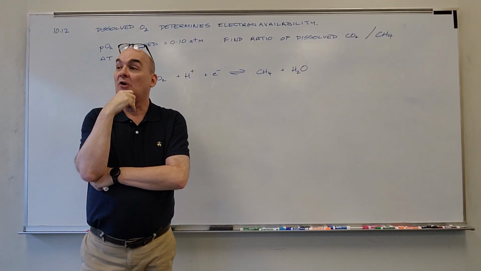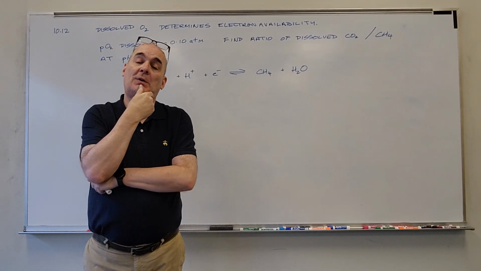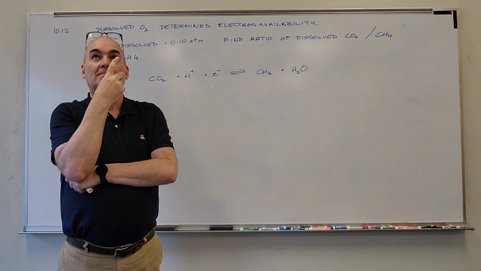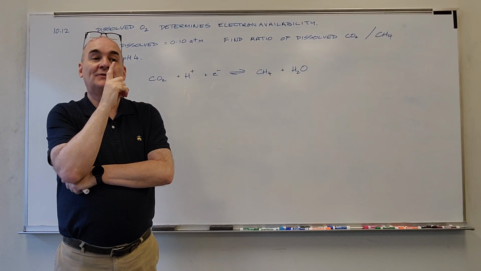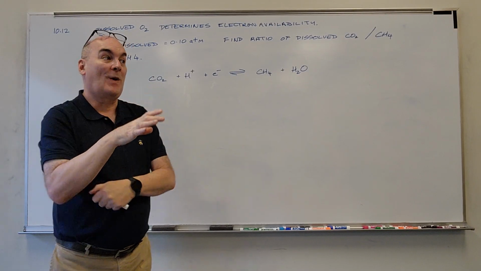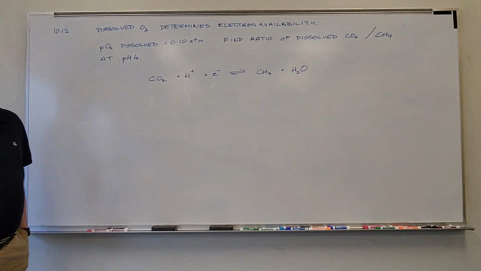Reduction is loss of bonds to oxygen and gain of bonds to hydrogen. In the general chemistry sense, oxidation is the loss of electrons. So as written, is this written as an oxidation or as a reduction?